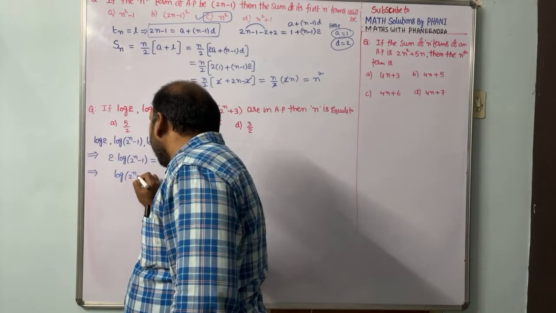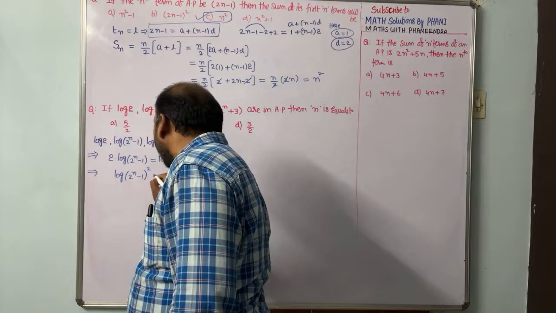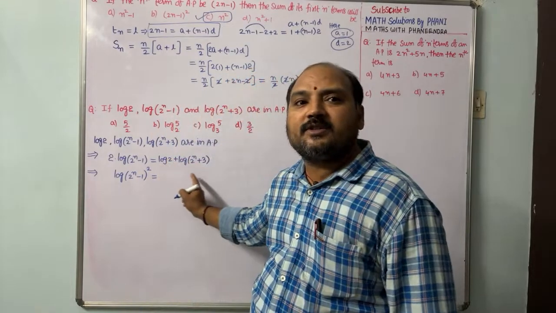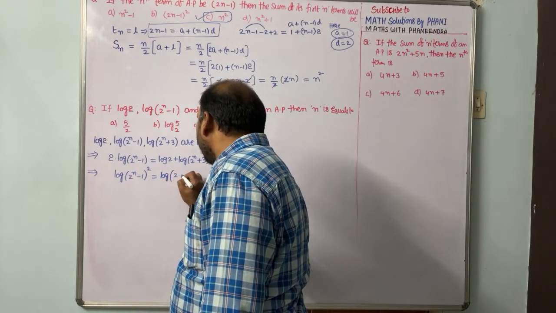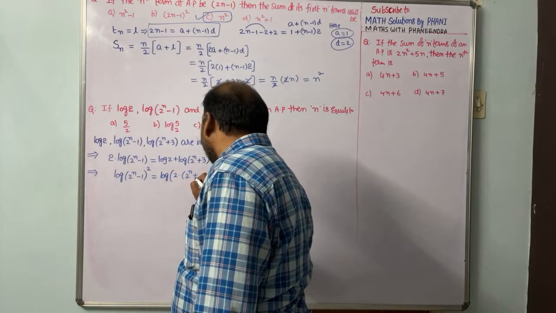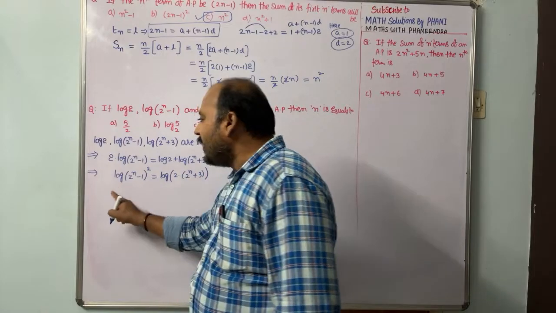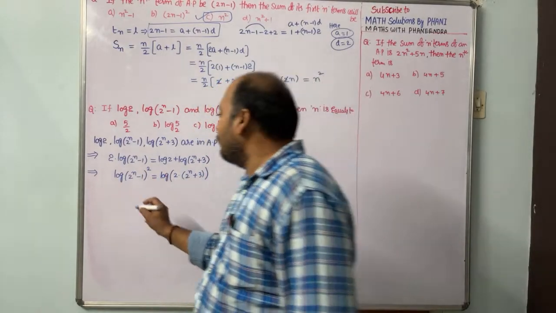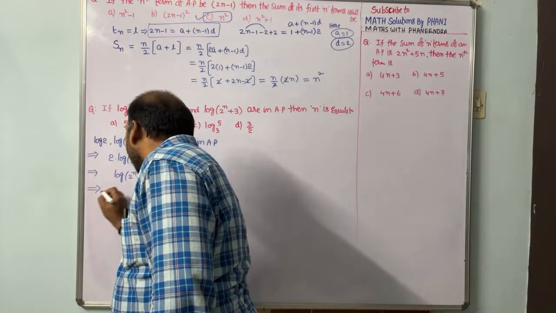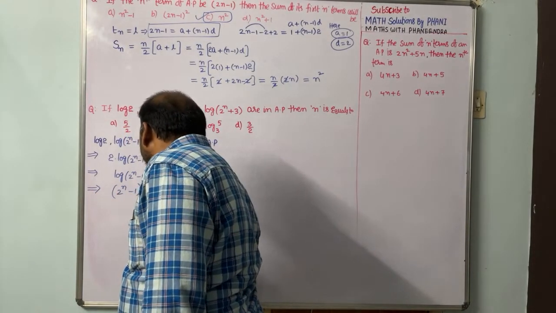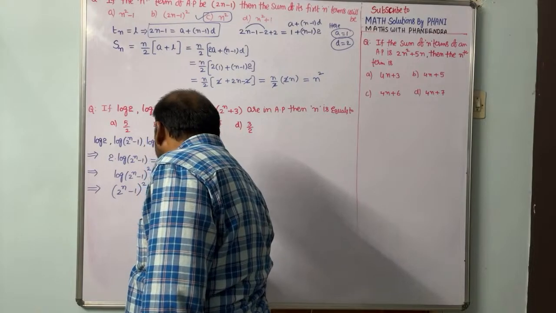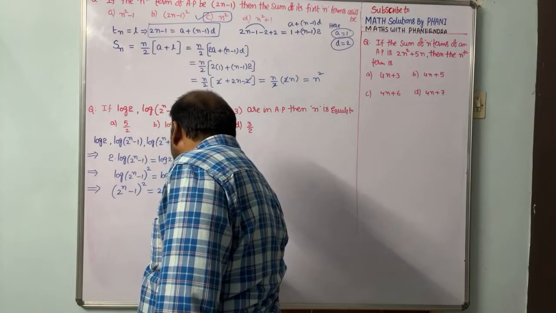Log of 2 power n minus 1 whole square is equal to log a plus log b, so log 2 into 2 power n plus 3. Comparing both logarithmic functions, you will get 2 power n minus 1 whole square is equal to 2 times 2 power n plus 3.